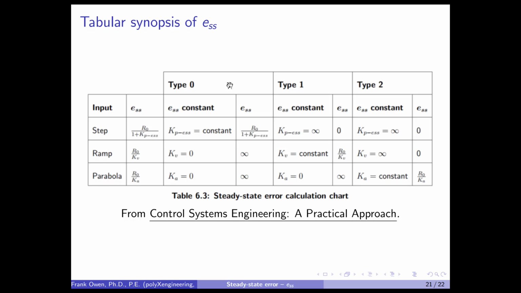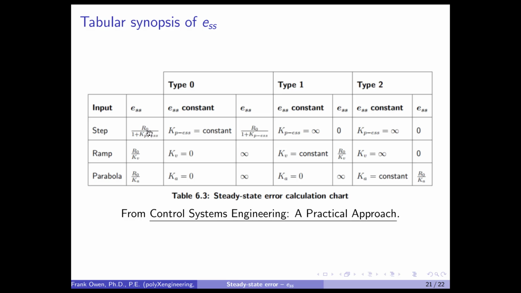And then these terms going to the right are the number of lonely s's in the denominator of the open loop transfer function. So you could look at these as increasingly sophisticated systems. Increasingly complex inputs, increasingly sophisticated systems. So if you have a complicated input, you need a sophisticated system to be able to handle the error. And if you don't have a sophisticated system, then the steady state error is going to have a worse characteristic.